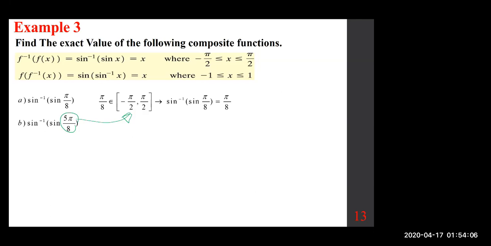Now, as you know, sine is positive in the first quadrant and the second quadrant. So sine of 5 pi over 8 is positive, and sine of 5 pi over 8 is the same as sine of 3 pi over 8.